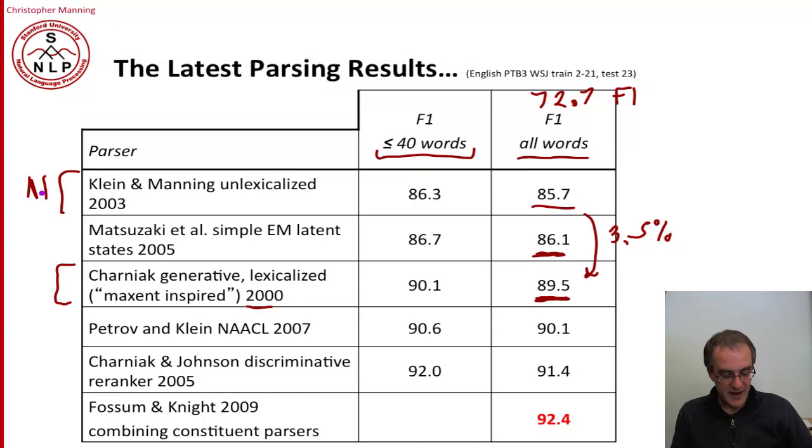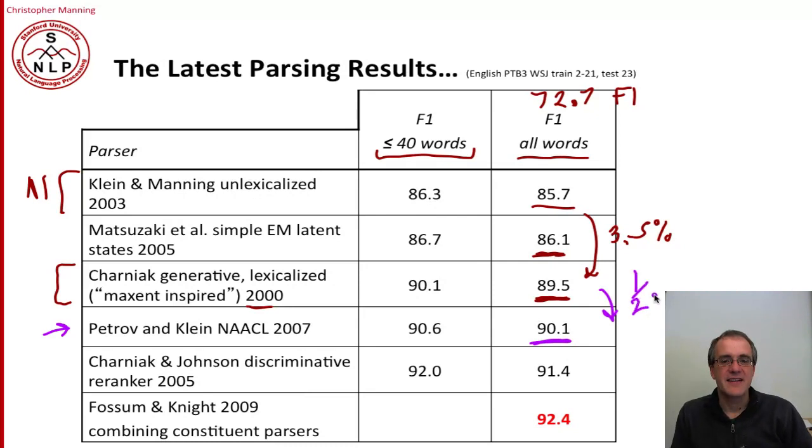But what the latent variable PCFG showed is, well, actually you could get all that value without actually modeling particular head words, but just using these fairly coarse semantic classes of words. So the latent variable PCFG is actually a little bit better, and it's getting this extra 0.5% here.